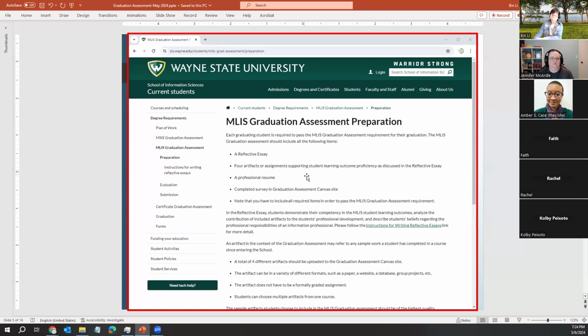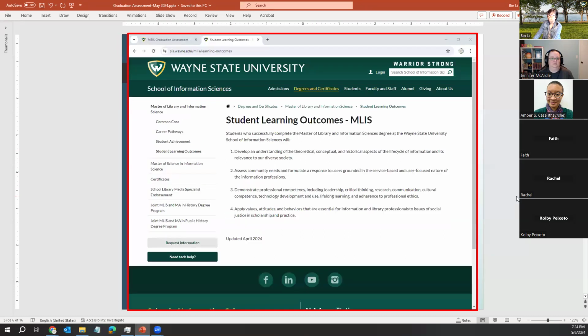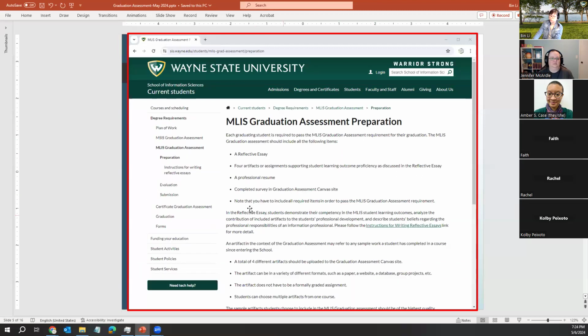So those are the places you get the detailed instructions for everything you need to do for graduation assessment. I just want you to know, and point you to this. And those are the learning outcomes. I think it's linked somewhere, probably in the writing the essay.